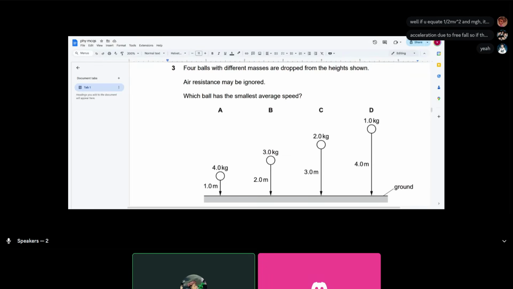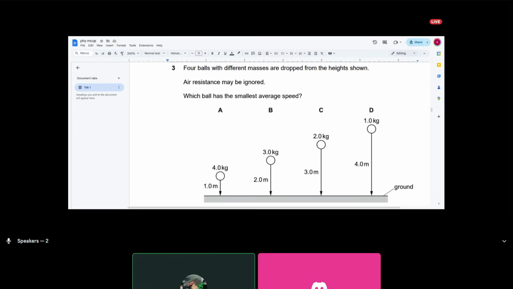So we can use this. Okay, it does work. Now, because there's m on both sides, we can eliminate it from both sides. And what does that give us? Just half v squared equals gh. We get this if we eliminate m. So just directly use that.